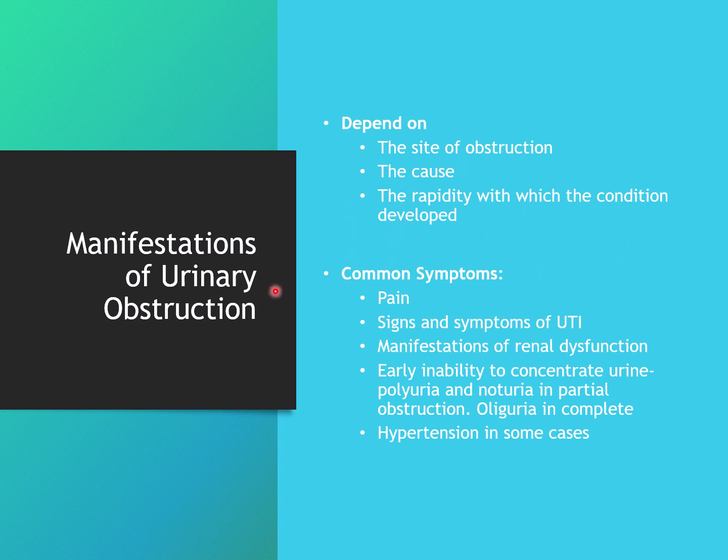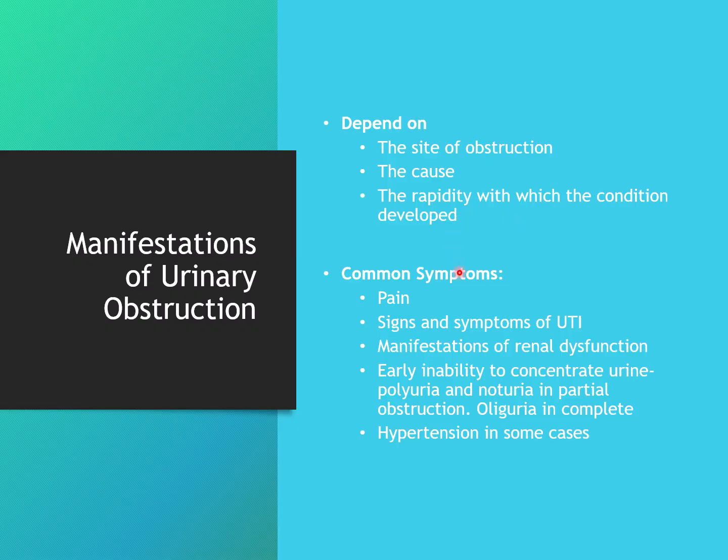The other thing that can change the amount of symptoms that we see with urinary obstruction is how rapidly that condition develops. If obstruction develops slowly over time, we usually see less severe symptoms as the body can compensate for that obstruction. But if it happens very suddenly and all at once, we might see more severe symptoms.